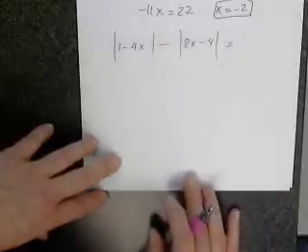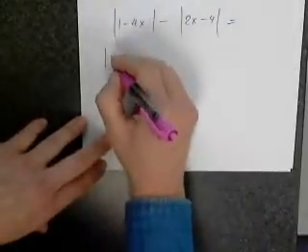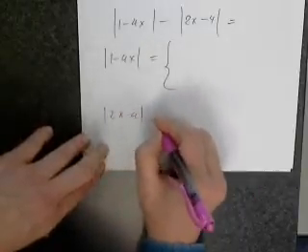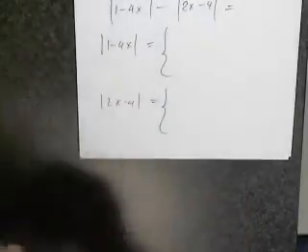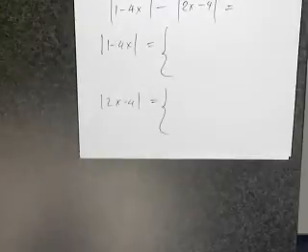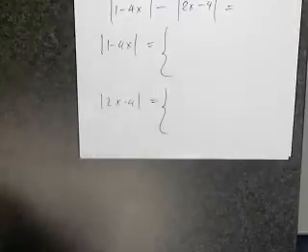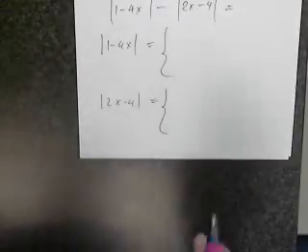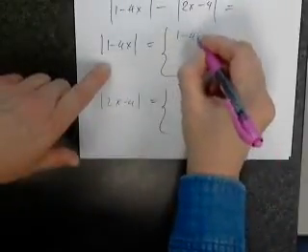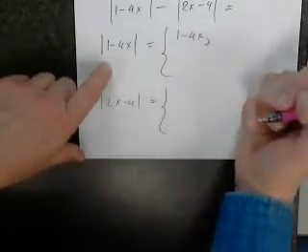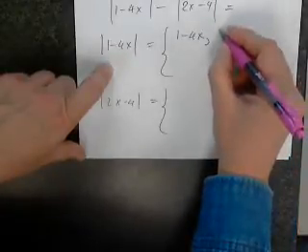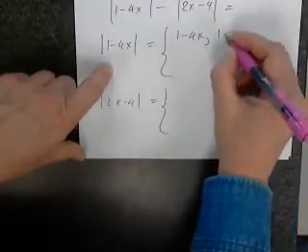2x minus 4. Good. So I take 1 minus 4x and 2x minus 4 aside. I have to come up with their expressions, simplified with no absolute value. So I have two options. 1 minus 4x if x is bigger than... not yet.